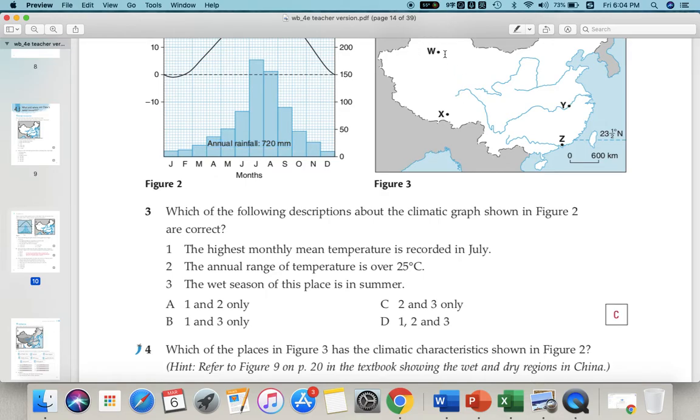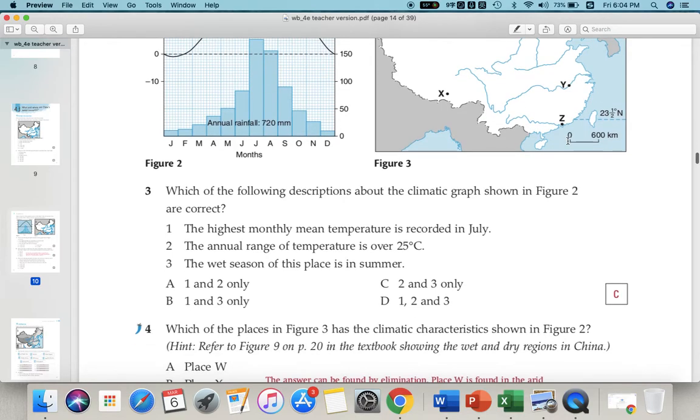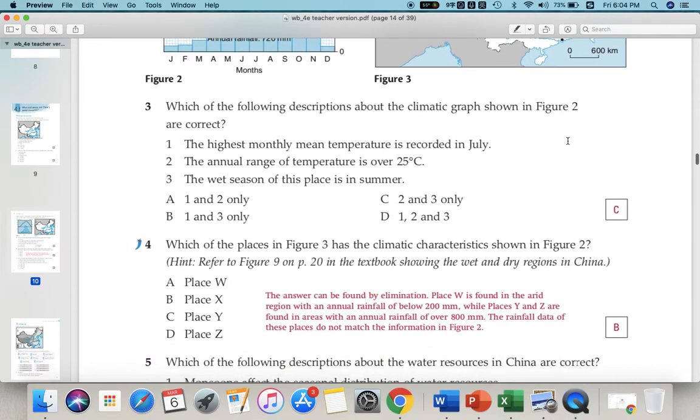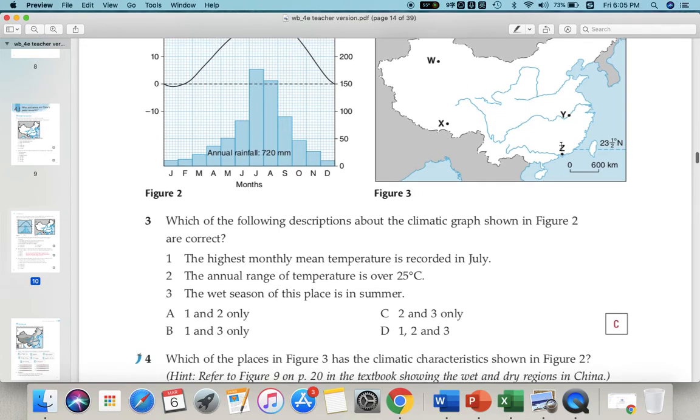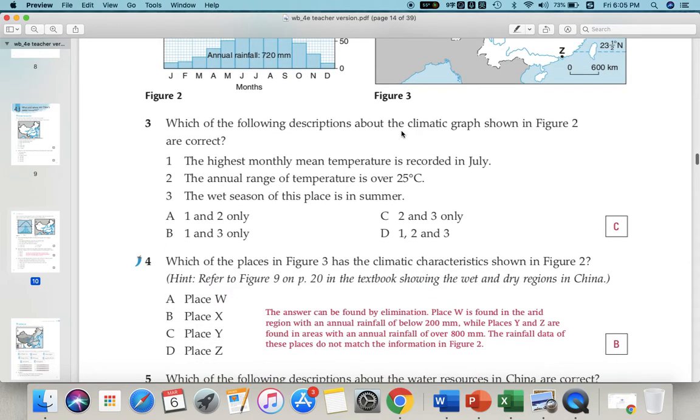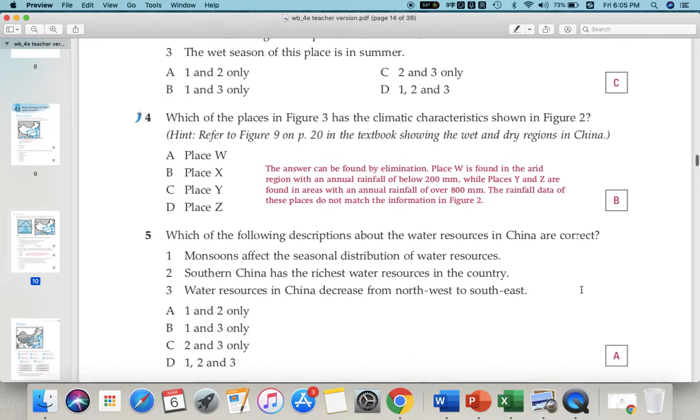You know that the very western part of China should have very low rainfall, while the eastern part of China should get high rainfall, maybe over 800. That's why by elimination, not W, not Y and Z, it should be X. So the answer should be B.